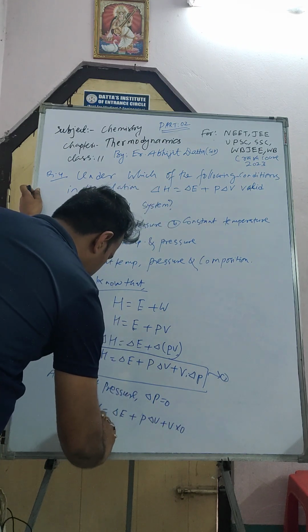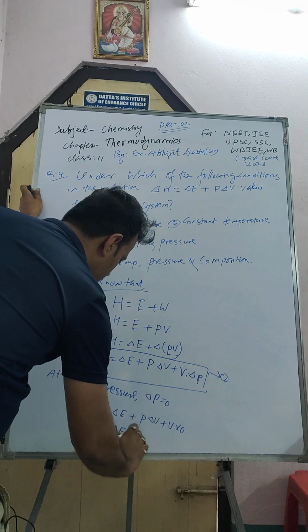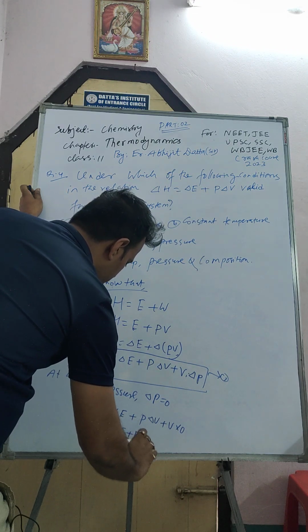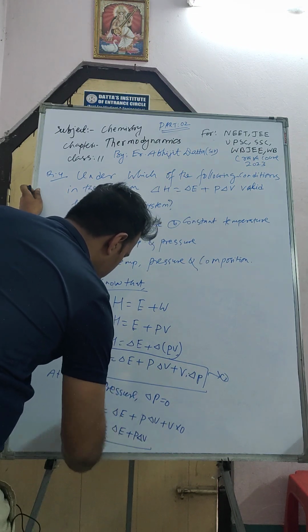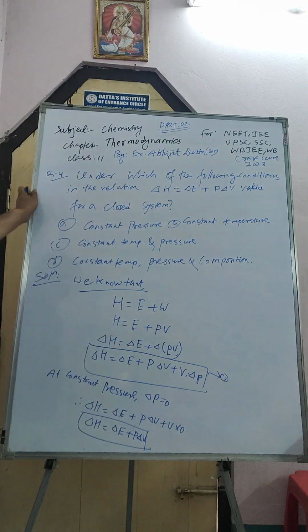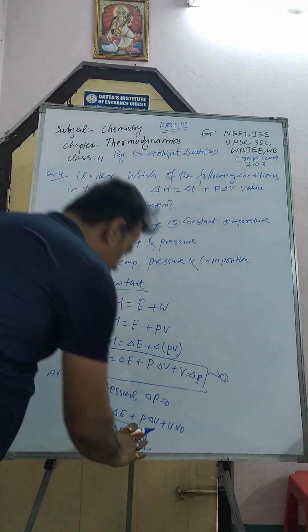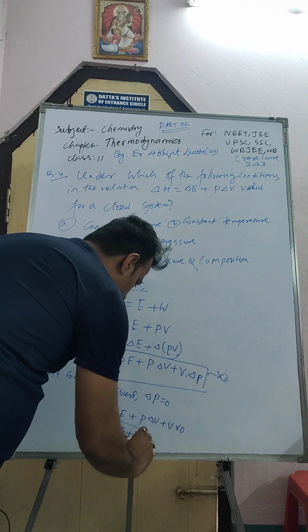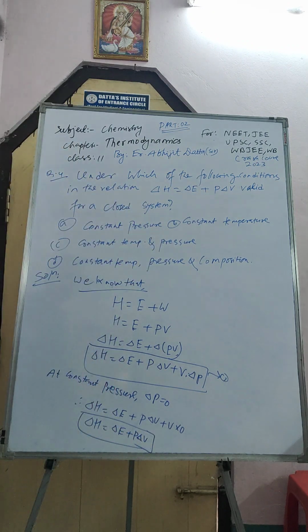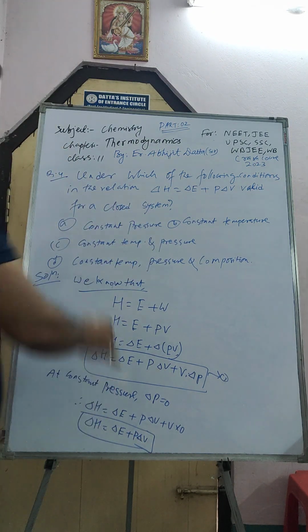So del H equal to del E plus P del V. Okay, so here it will be correct. So which option will be correct here? Option A is the correct answer.